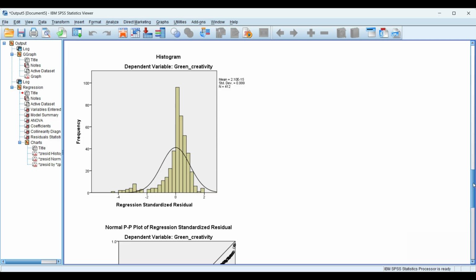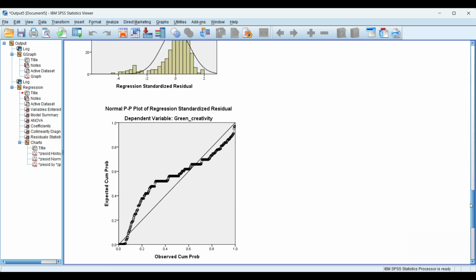Next we see the normal P-P plot of regression standardized residual. The points show a systematic curved pattern and don't remain close to the diagonal reference line.